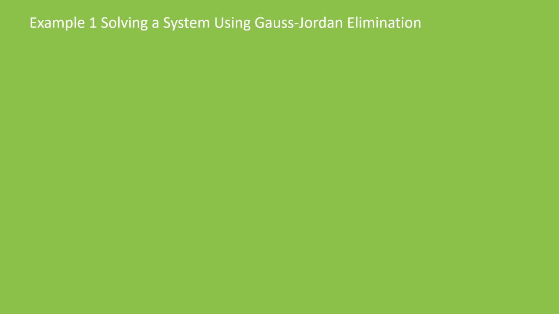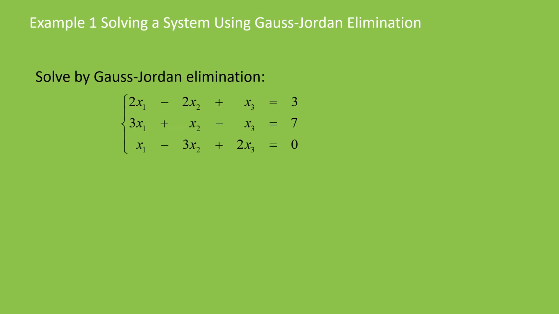Now if you want to solve the system using that reduced row echelon form, which is nothing but Gauss-Jordan elimination, for 3 unknowns, again we use the augmented matrix including the constant matrix and the coefficient matrix, and find the reduced row echelon form of it.